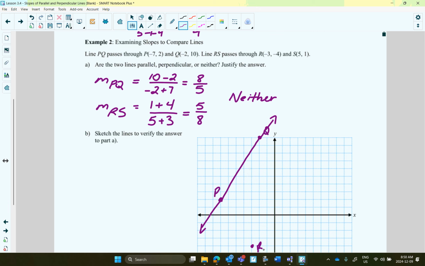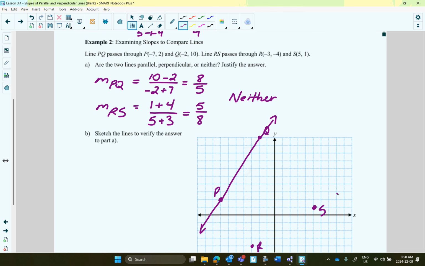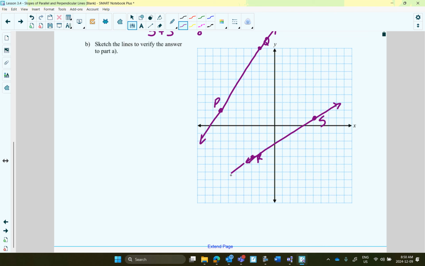And S is 5, 1. Well, we can definitely see they're not parallel. And they will cross each other eventually, like somewhere down here, but not at 90-degree angles.